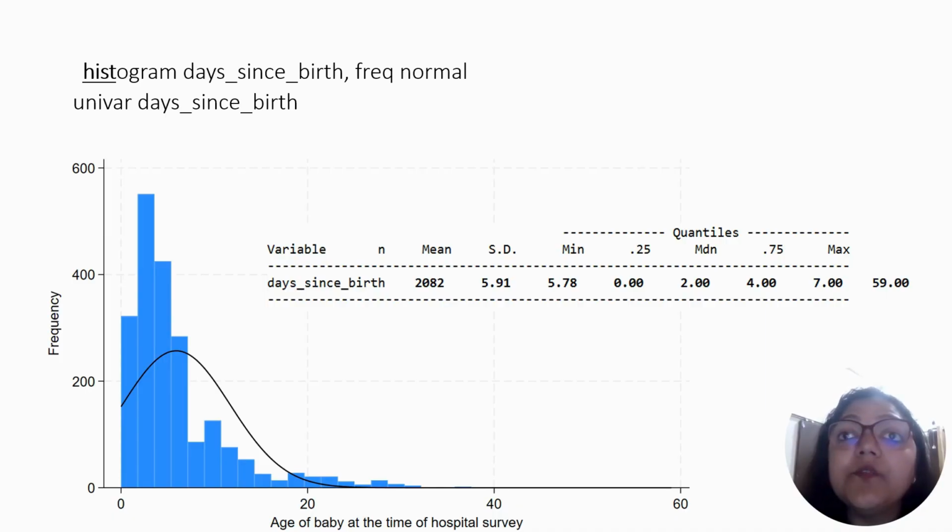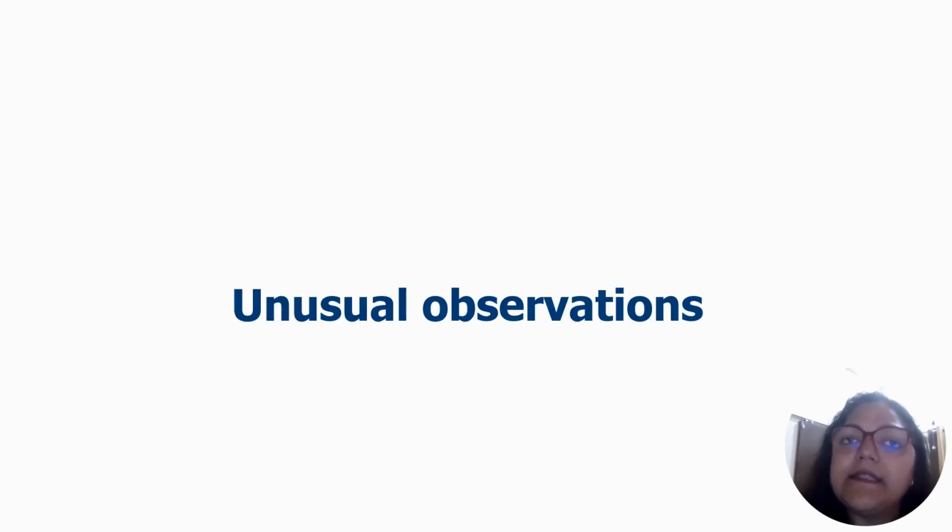And we were able to assess that the skewness may be because of some unusually high observations leading to positive skewness or right skew distribution. It is these unusual observations that are the topic of discussion today.